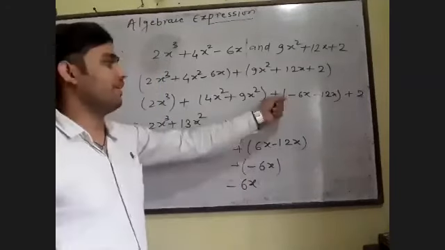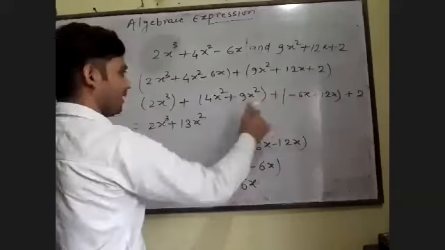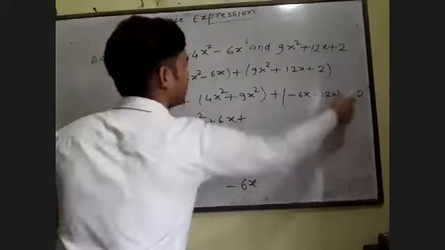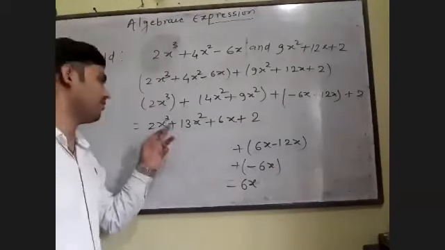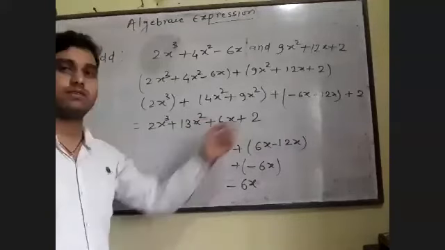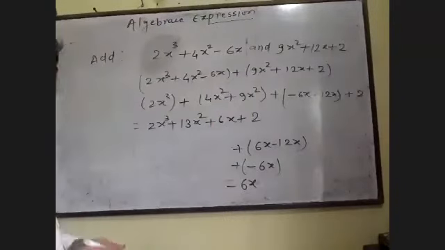But here it is plus itself. So the required answer is 2x to the power 3 plus 13x to the power 2 plus 6x plus 2. Understood?